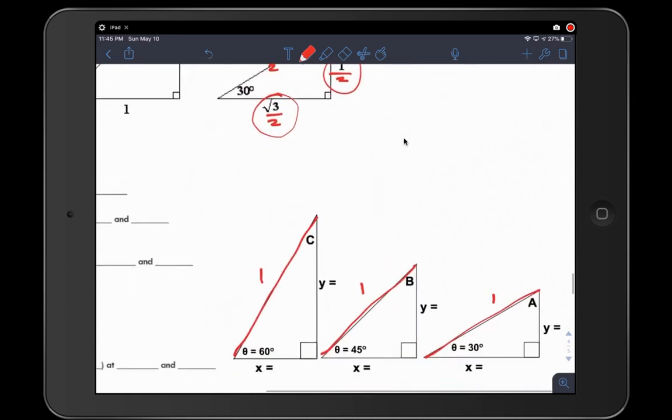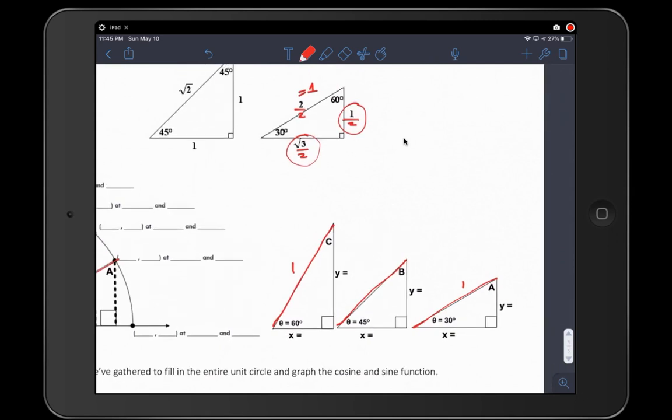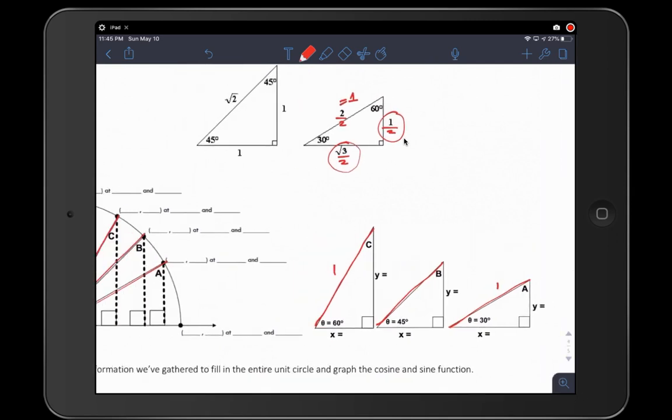So essentially, all we really need to do is know that this x side, or let's look at triangle A first because it's set up the correct way. We know that the x side of our triangle is going to be square root of 3 over 2, or we could say root 3 over 2. That's what you're going to hear me say a lot. And then the y value is 1/2.